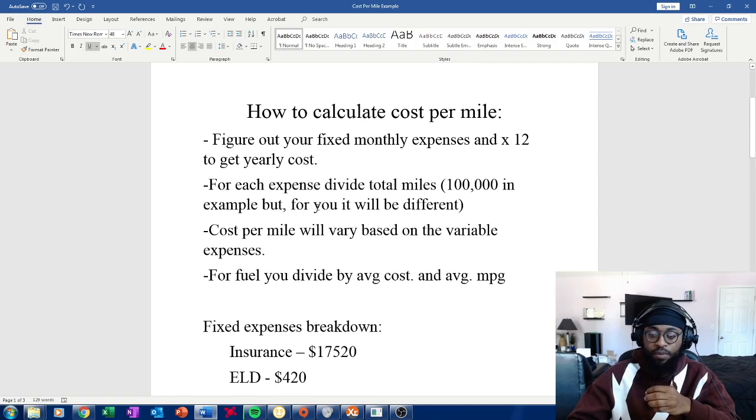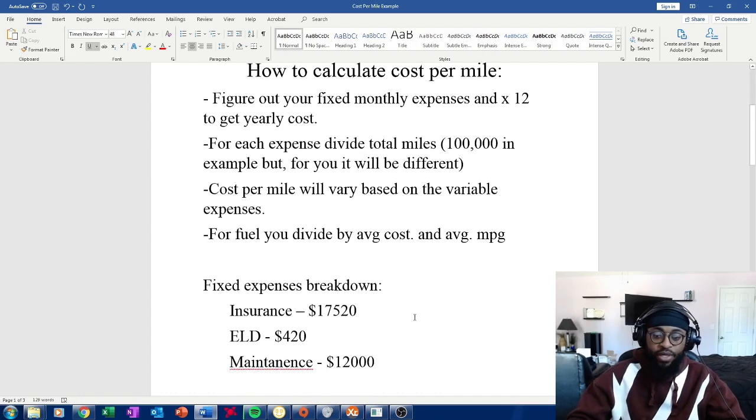And then the cost per mile will vary based on the variable expenses. There's one more rule in order to calculate this correctly. For the fuel, you divide the average cost by the average miles per gallon. That'll give you what you need to calculate for your fuel. So let's get right into it.